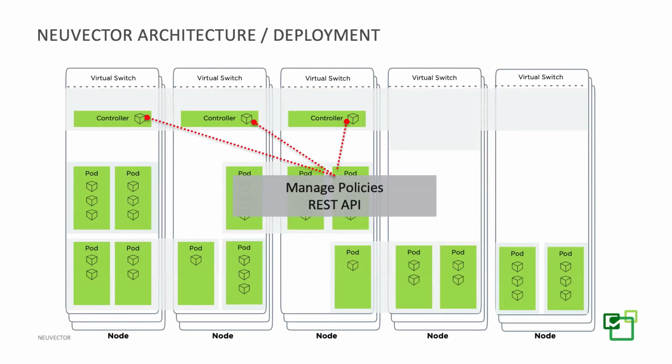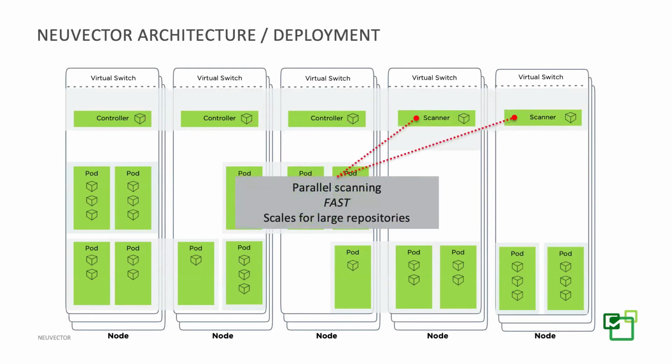You can use the REST API to control NeuVector in there. This is where events will be collected and then sent out to your SIEM system. And new rules will be pushed down to each of the nodes. The next component are what's called scanners.